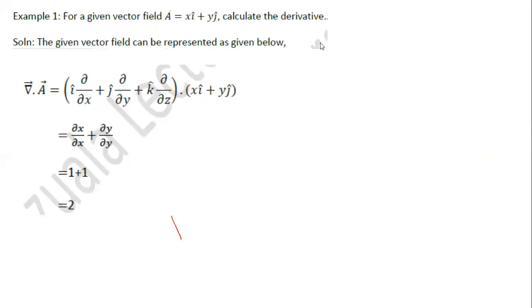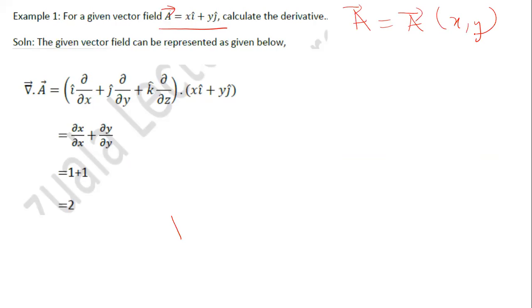Now, let's look at this. For example, if you consider the vector A equal to xi plus yj, you see that vector A depends on x and y.